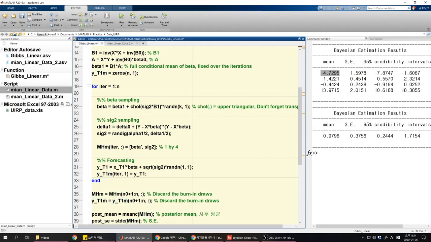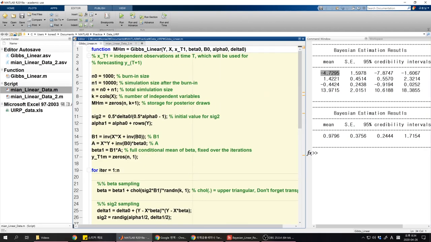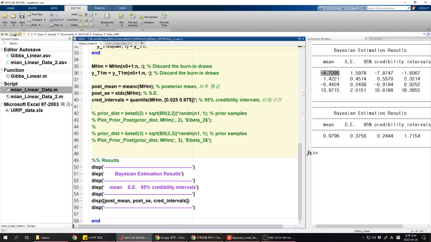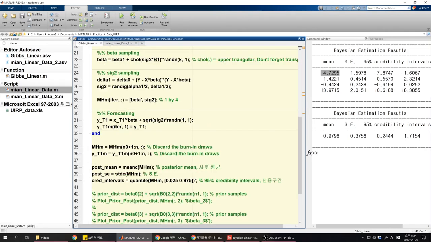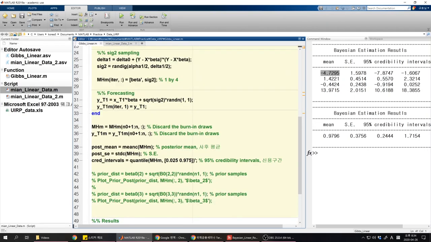Then I want to put this as another output, so then we have two outputs, brackets, and here y_cap_t1m brackets. Okay, it's good. So then let me run this.